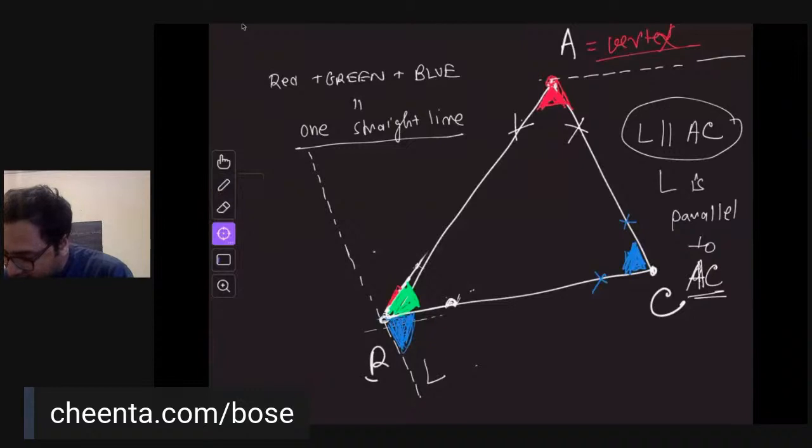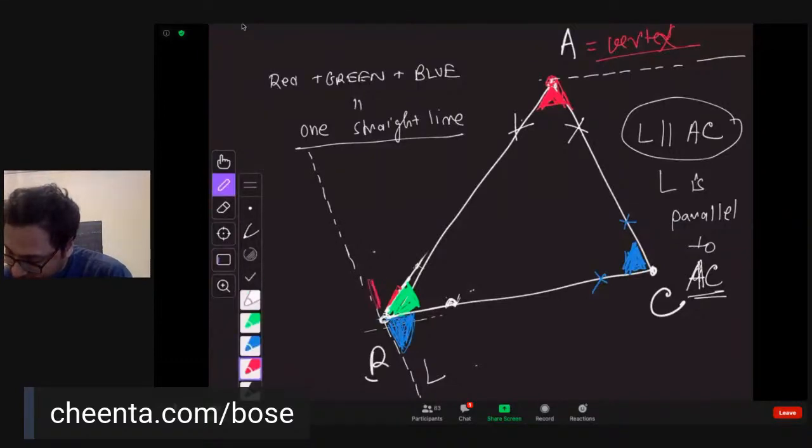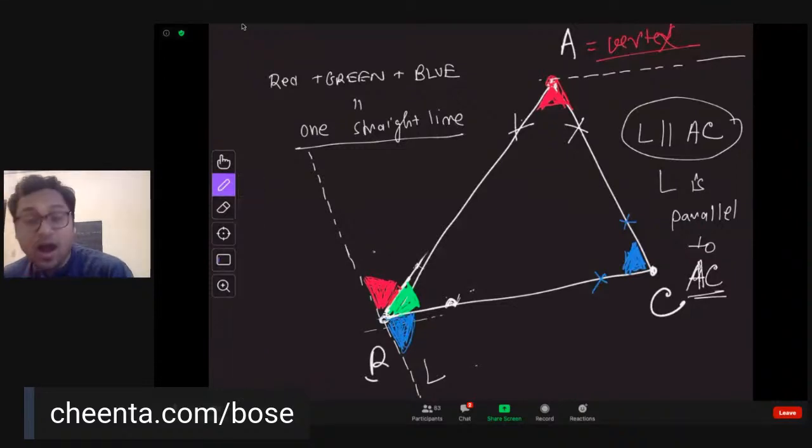And this angle right here is equal to this red angle. So why is that true? The red angle down here is equal to the red angle here, and the blue angle down here is equal to the blue angle here.